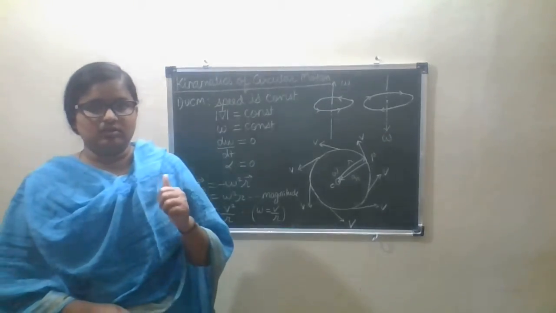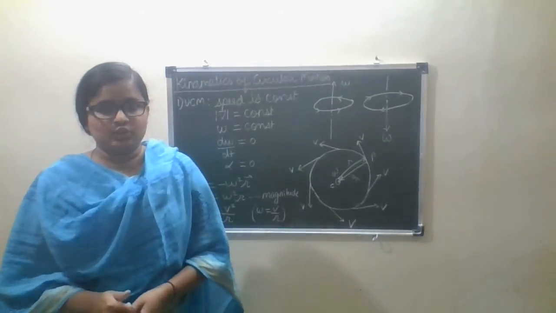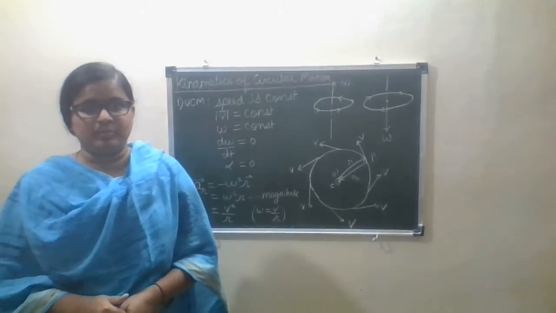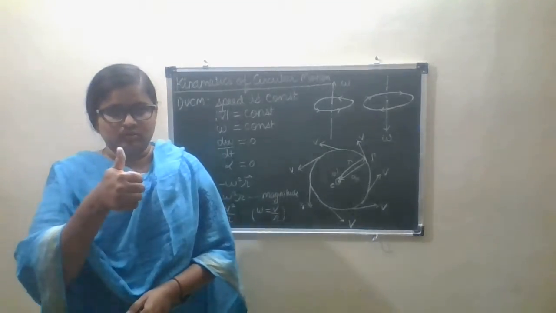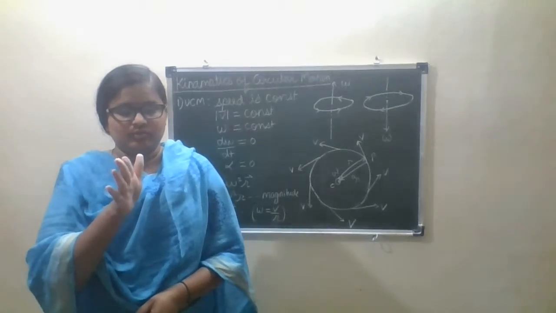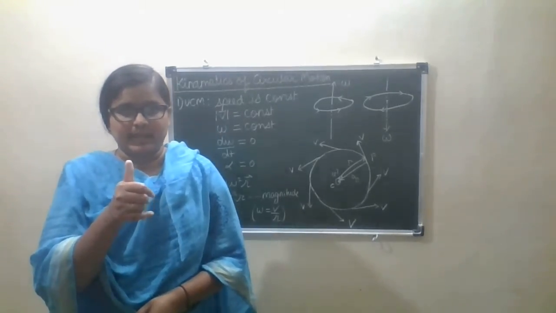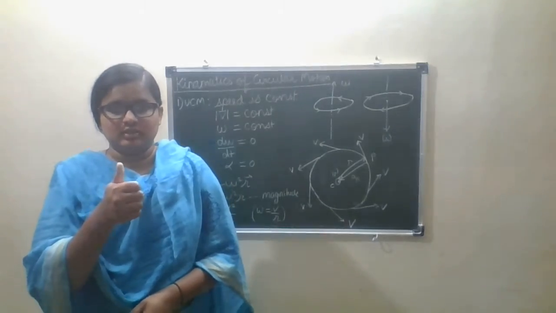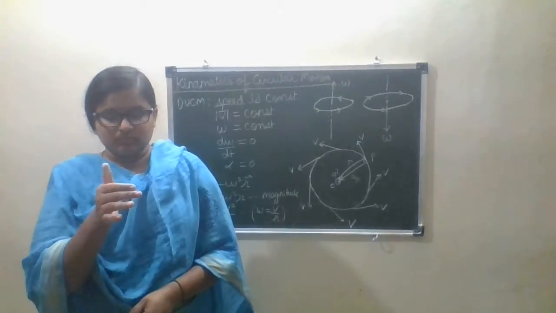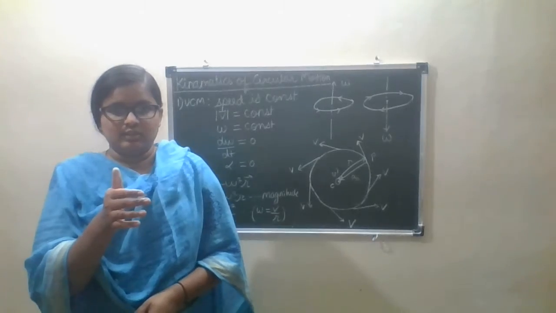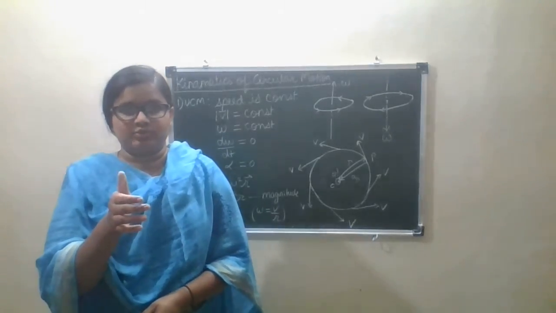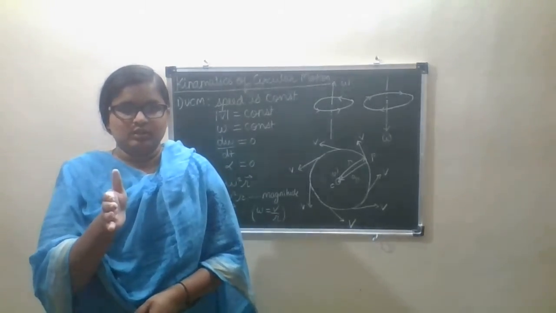The direction of the angular velocity is denoted by the right hand thumb rule. So now we will see how the right hand thumb rule works, and how we can find the direction of the angular velocity while the particle is performing circular motion.